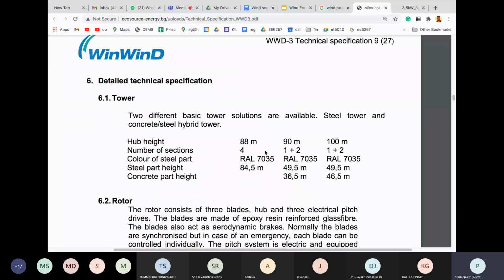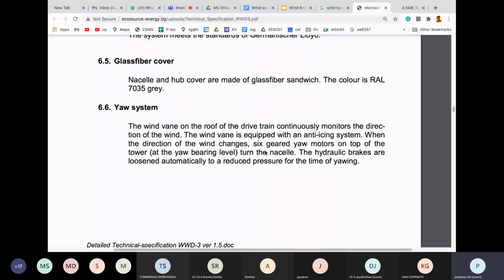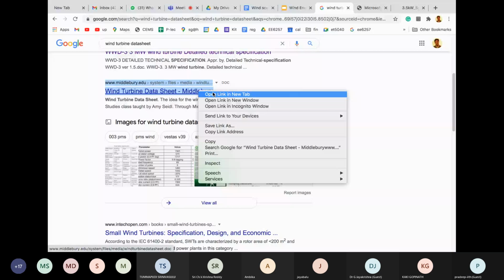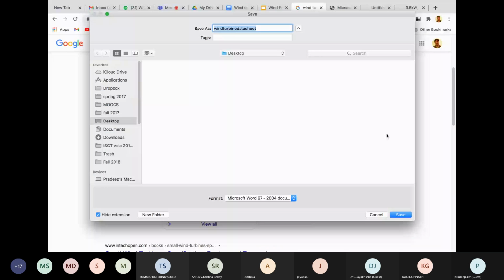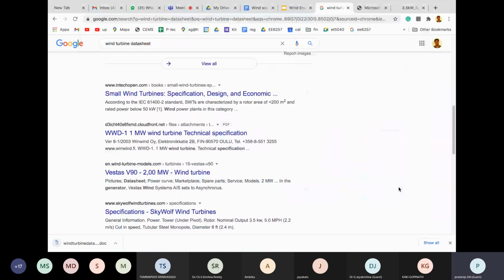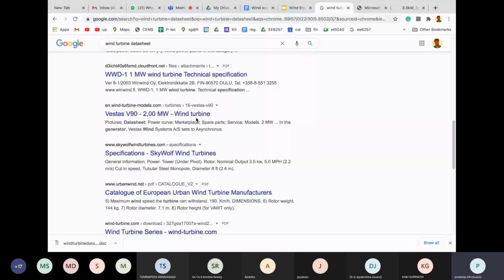Let's just look at one or two more pieces of information. So let's see, this is one more result I got. Okay, this is coming as a saving, so we'll not worry about that. So we saw 3 megawatt. Now let us look at 2 megawatt.